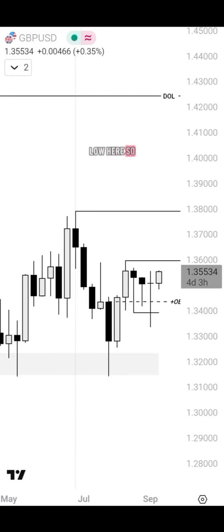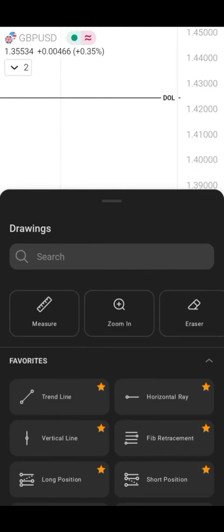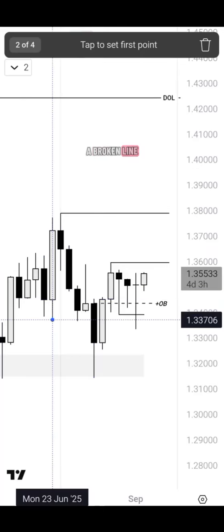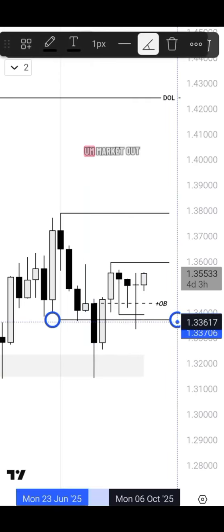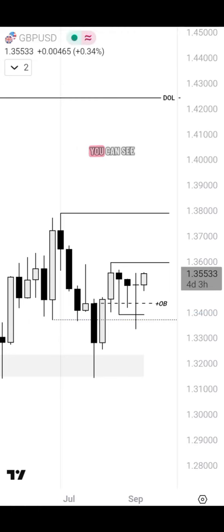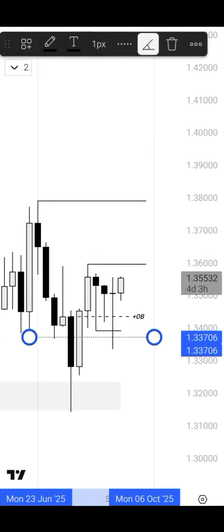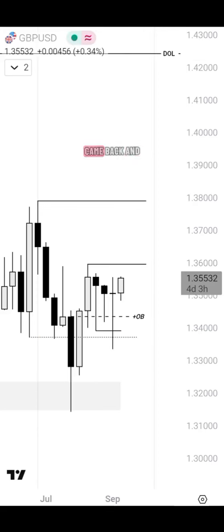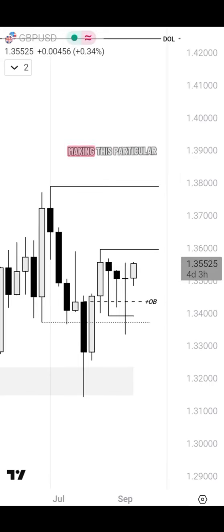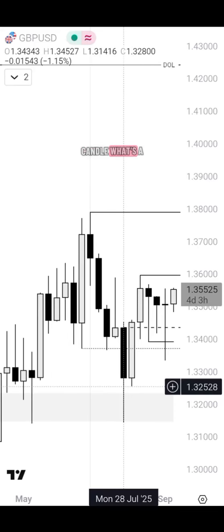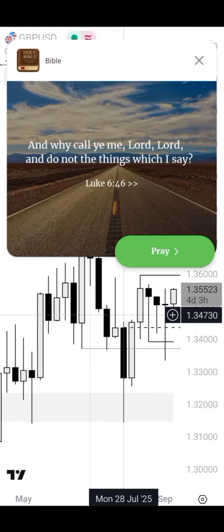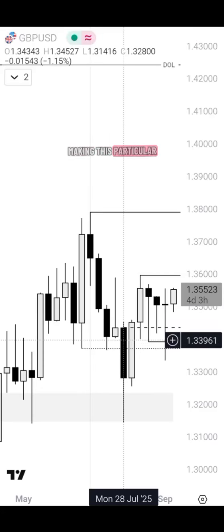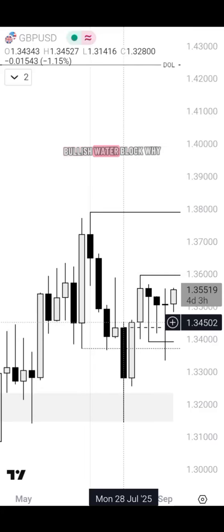So if we mark it out with a broken line instead of a firm line, you can see how the price broke and closed below the low, and immediately we came back and closed above it, making this particular candle a bullish order block.